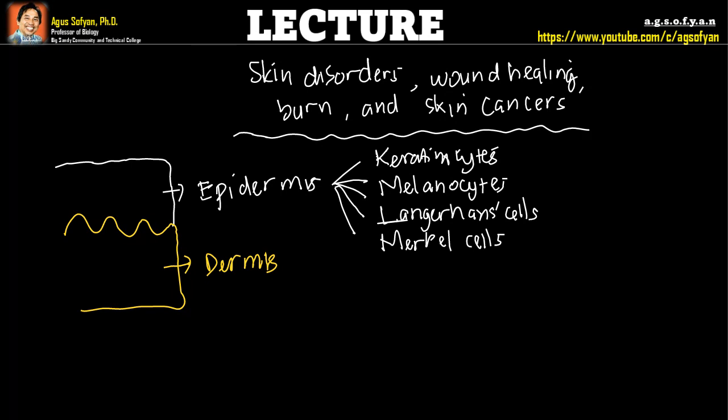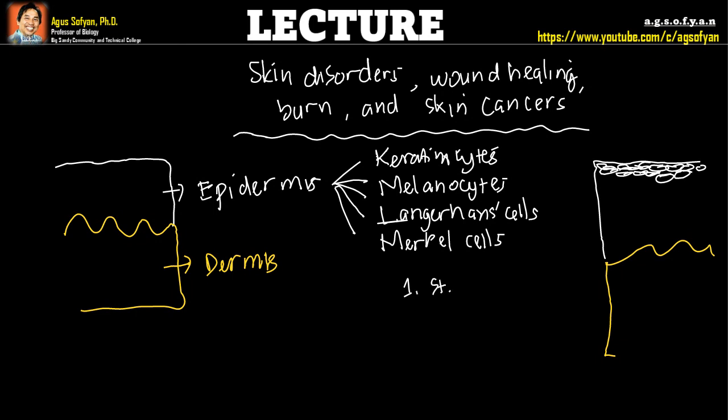Now, if we again remember the layers of the epidermis, we start from the top layer, which consists of dead keratinocyte cells. This first layer is called the stratum corneum.